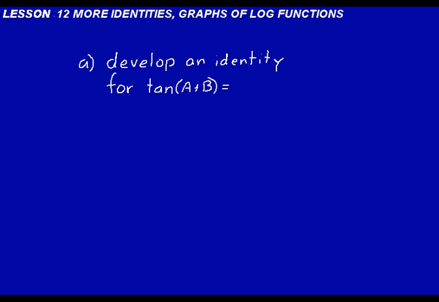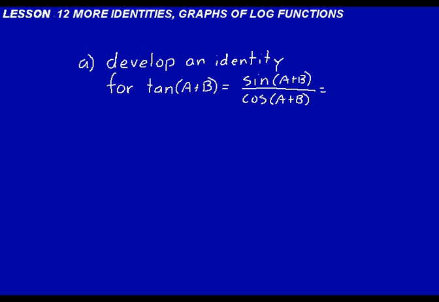So we can say that tangent a plus b would be sine of a plus b over cosine of a plus b. Now we look at our key identities and break sine of a plus b and cosine of a plus b up.